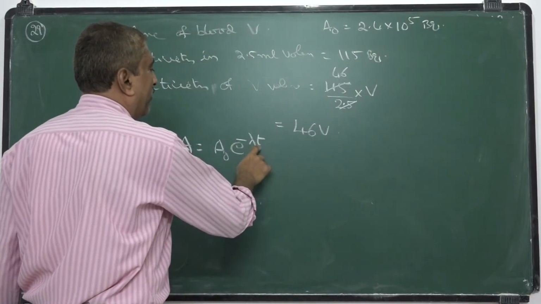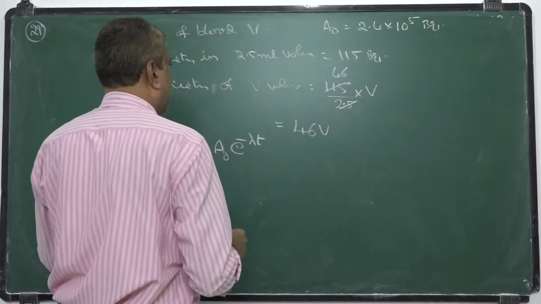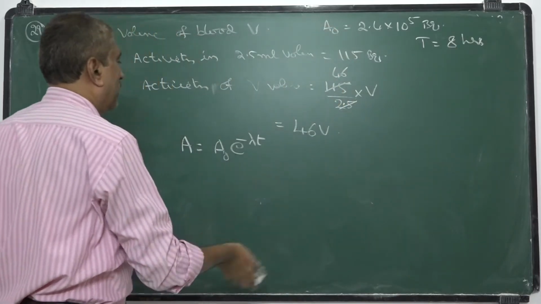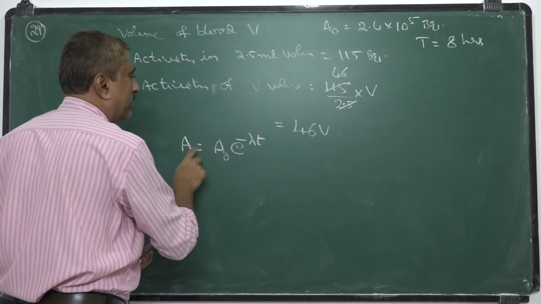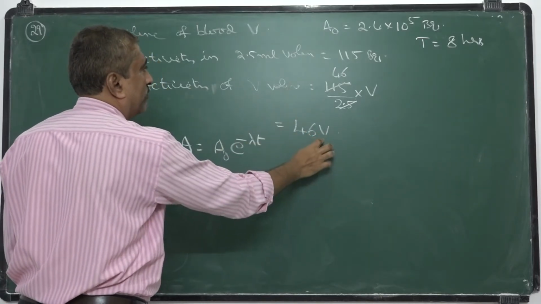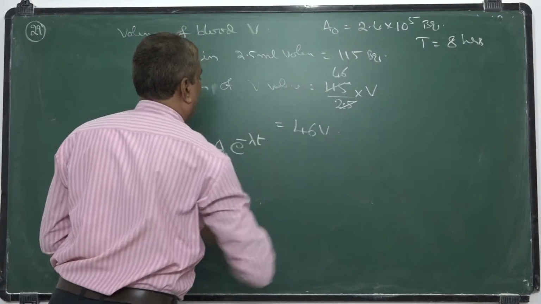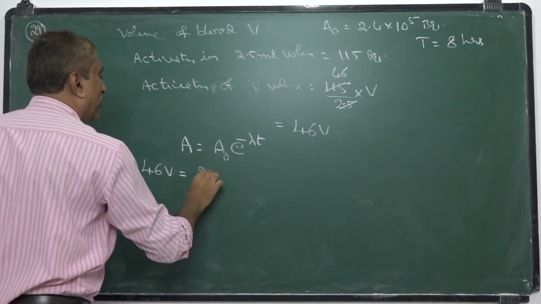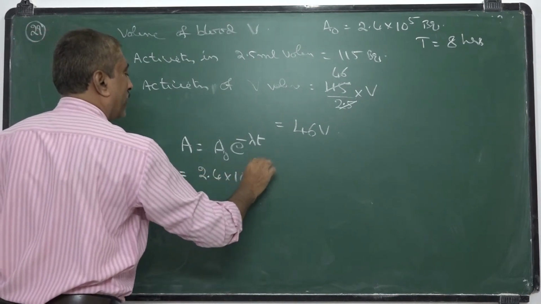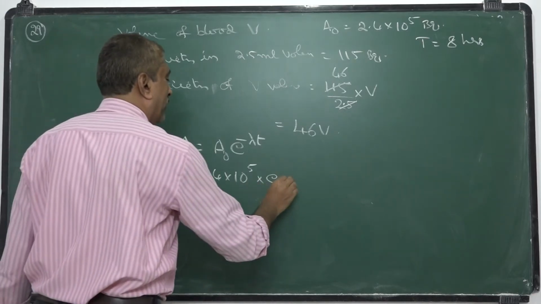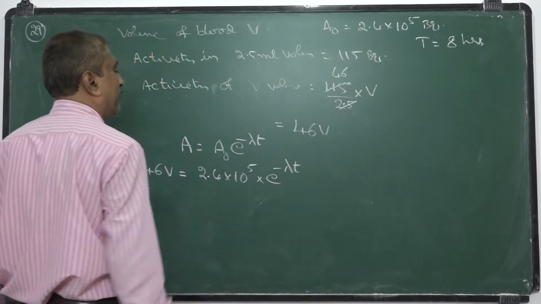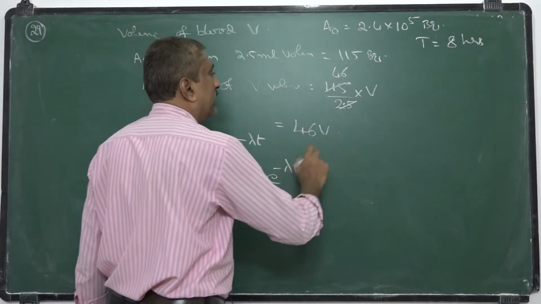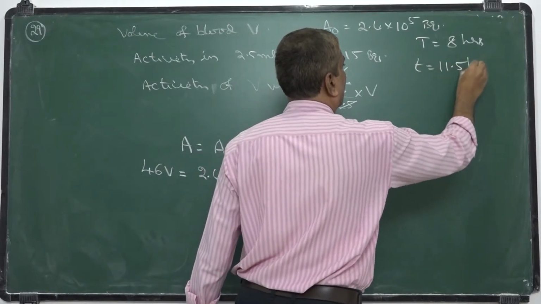And the half-life of this one is, okay, I'll write like this, 8 days. Now substituting, 46 V is equal to 2.4 into 10 to the power 5 into e power minus lambda t. Now this small t is given as 11.5 hours.